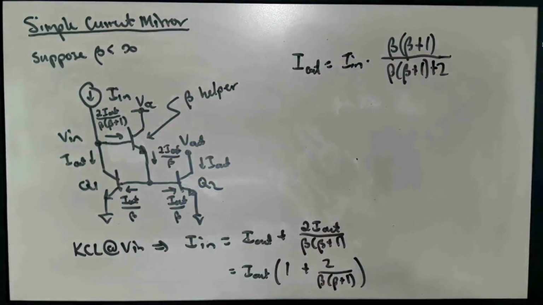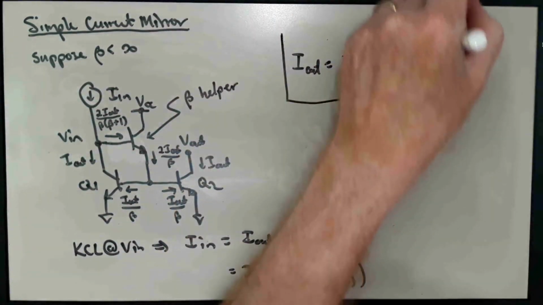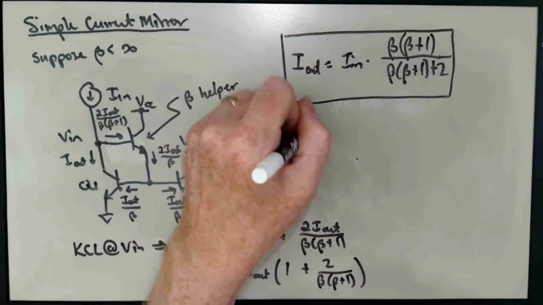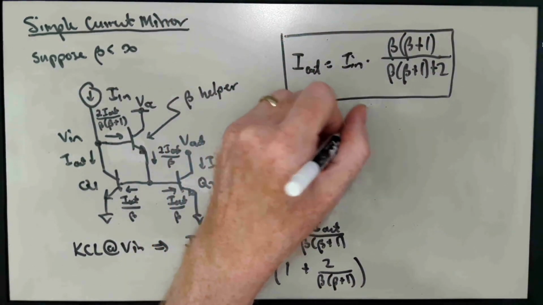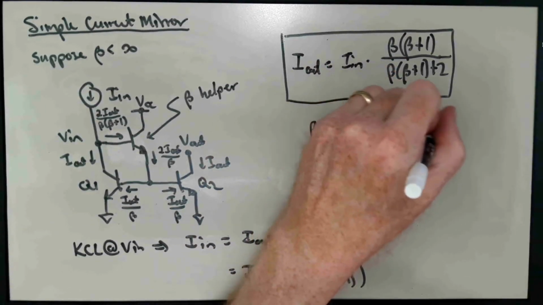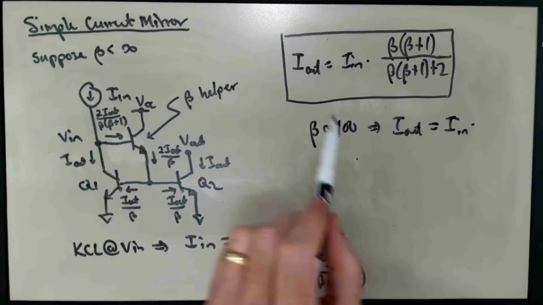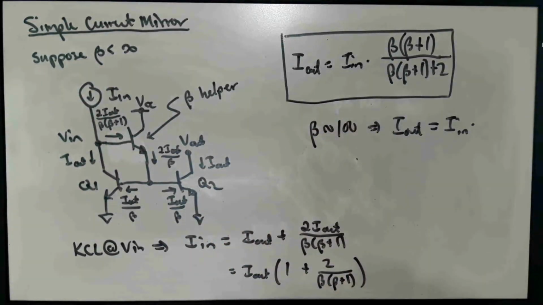Alright, so if beta is a number like 100, I out will be something like I in times, well, 100 squared, roughly, is going to be 10,000.